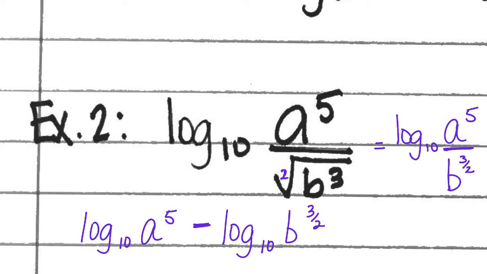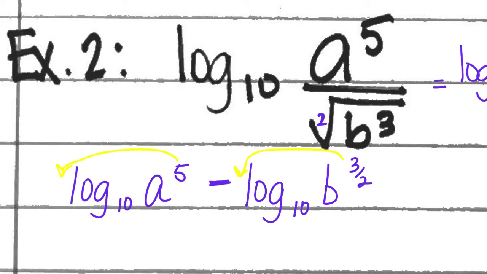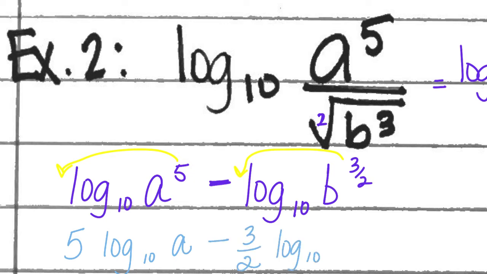Now we have to go ahead and take these powers and bring them to the front. So my final answer is 5 times log base 10 of a minus 3/2 times log base 10 of b.